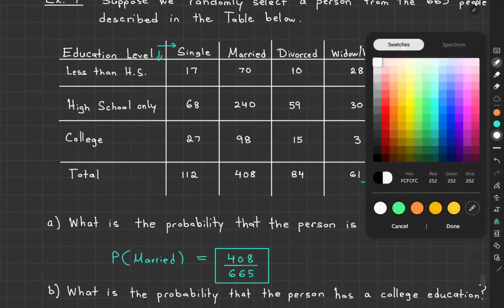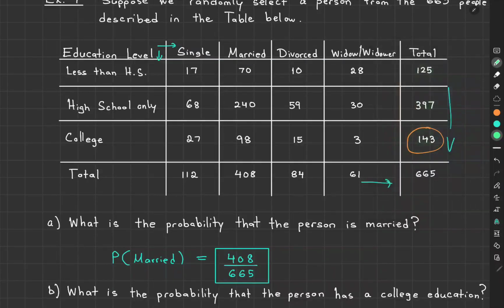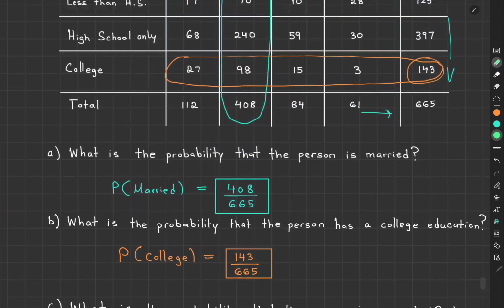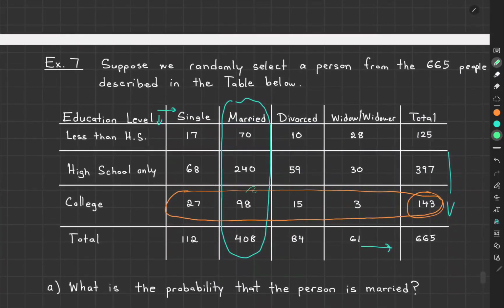So if we come back over here, when we were counting the married people, we went down this way. So we counted the 70, 240, and 98. When we were counting the people with a college education, we counted this way, horizontally. So we counted this 27, the 98, 15, and 3. So when you write it like this, what you see is that we've actually double counted this 98.